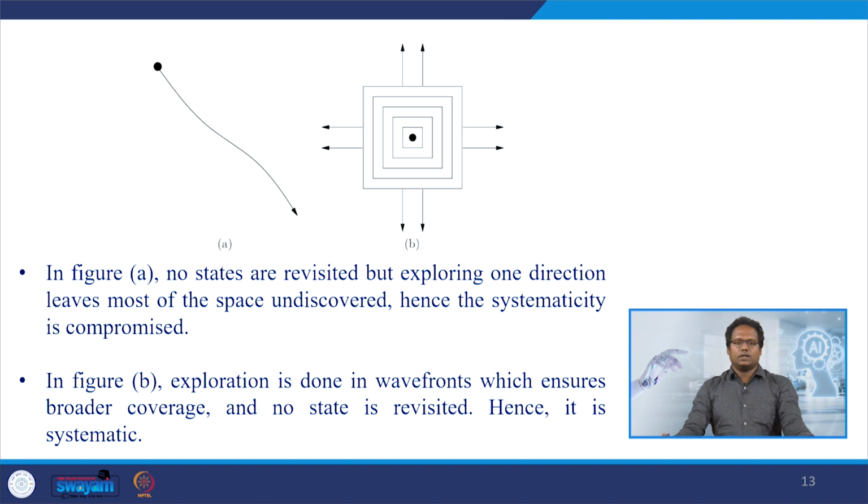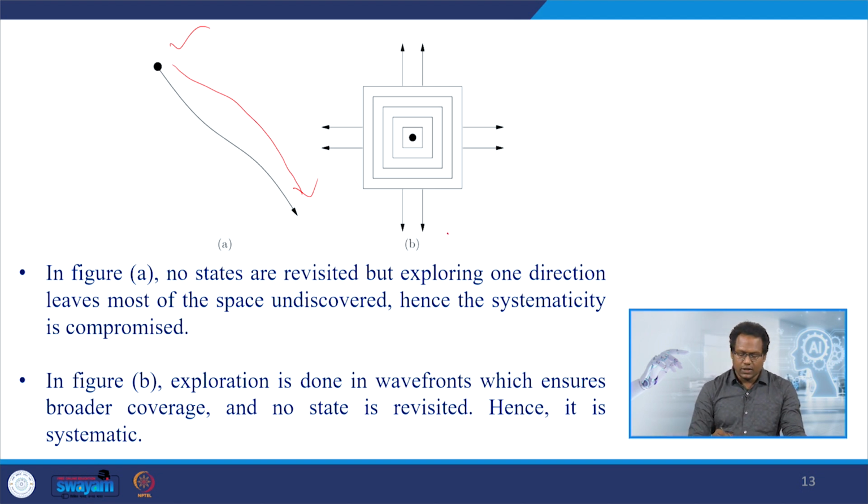Figure A indicates that from the initial state the search goes towards the solution in one direction, due to which most of the space around this state or the reaching direction is undiscovered. Hence, the systematicity is compromised in figure A, the unidirectional search.